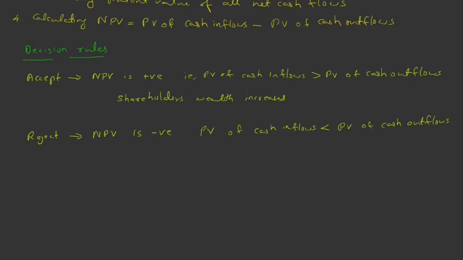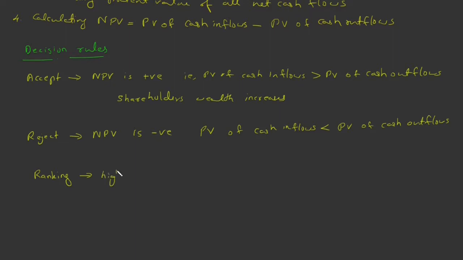of cash outflows. In case of mutually exclusive projects, we can make a decision by ranking. In the method of ranking, we are ranking the projects according to the value of NPV.